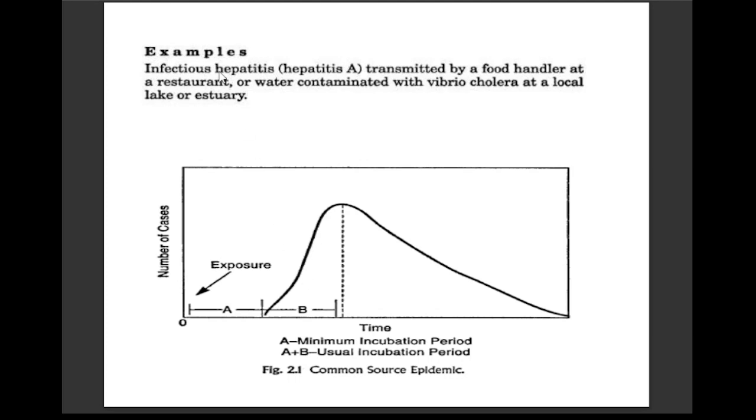For example, infectious hepatitis A transmitted by a food handler at a restaurant, or water contaminated with Vibrio cholerae at a local lake or estuary. Through that, it is transferred to other individuals, and following the incubation period, there is a sporadic rise in the number of cases.